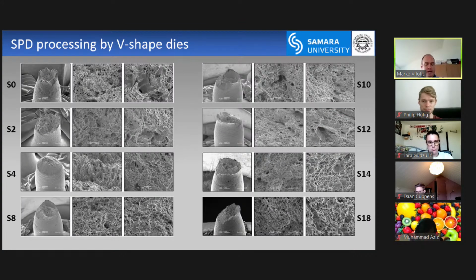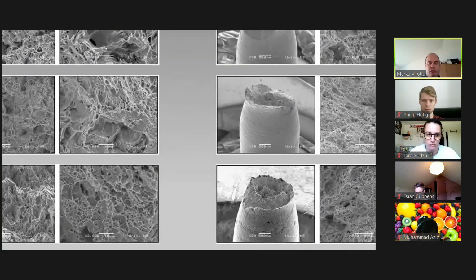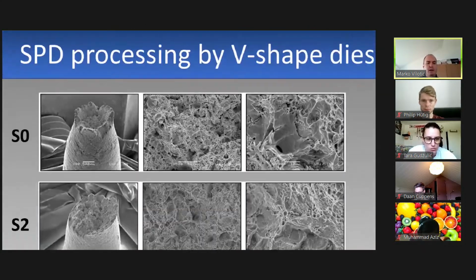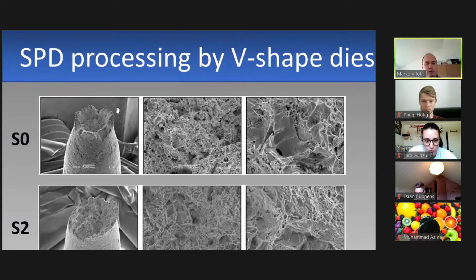I just wanted to check the shape, the appearance of this breaking area after tensile testing, because it can also reveal many things. First, this is unprocessed material, right from the factory. According to the experts who told me, this is considered a ductile fracture.